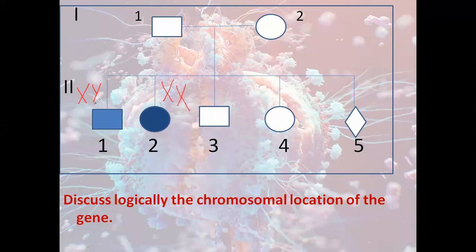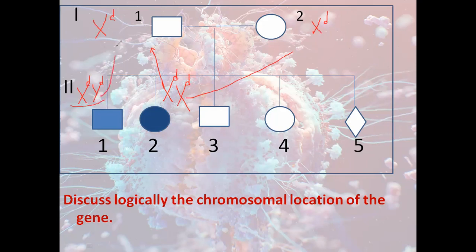Here, XX and XY. If it's found in the homologous part of X and Y, here it should have XD, YD. And this individual has also XD, XD. So here it should inherit XD from the mother and XD from the father. And here the male has XD, YD.